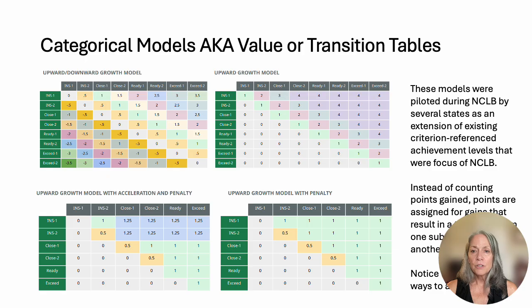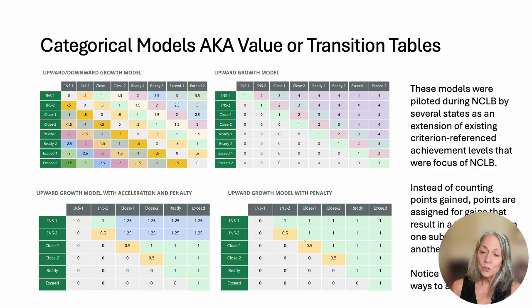And one of the issues that we run into with these is that these actually tend to create issues because of the scale. Remember all the things that I pointed out to you about gain scores, those are the same issues underlying these tables.